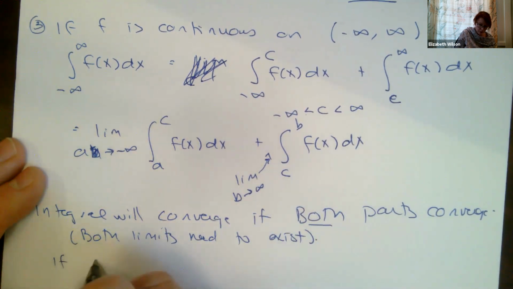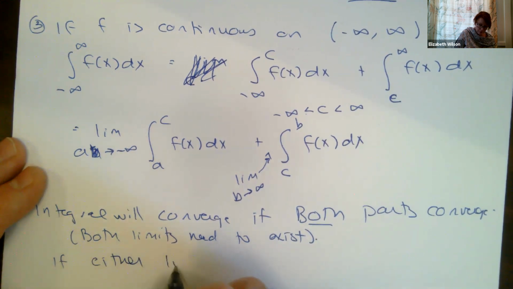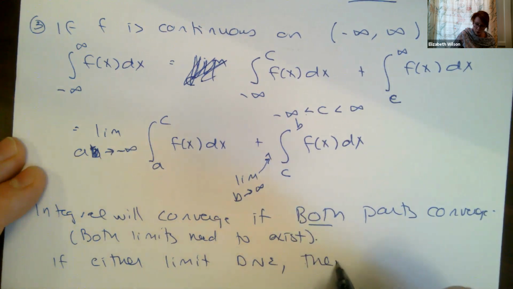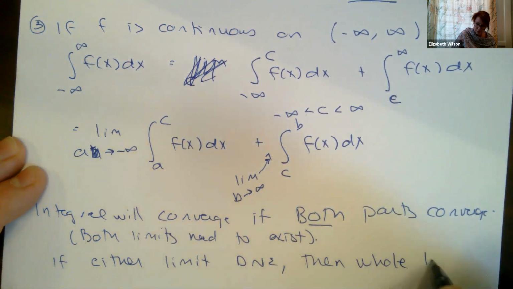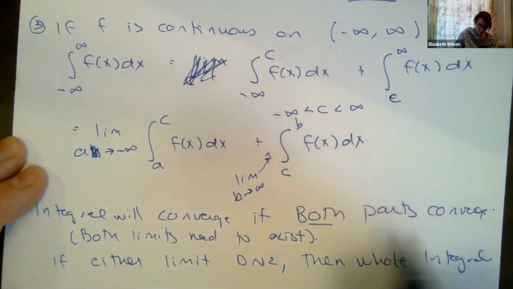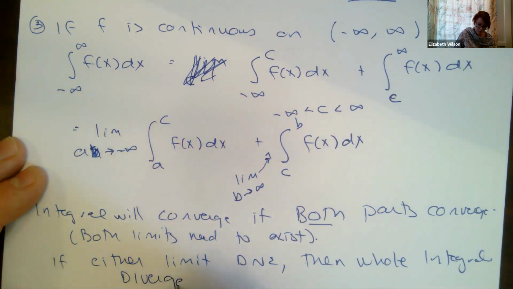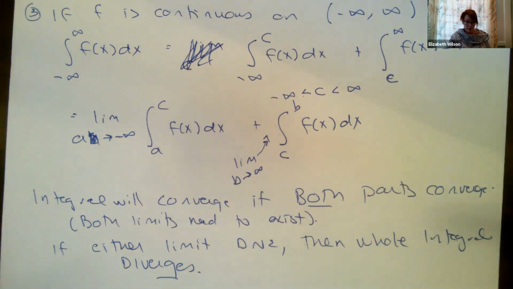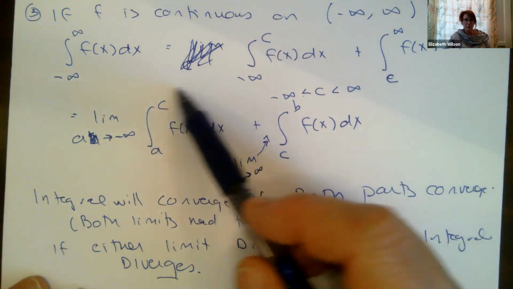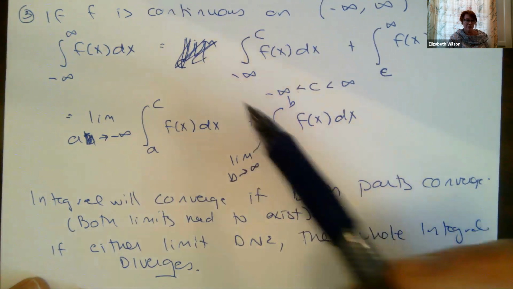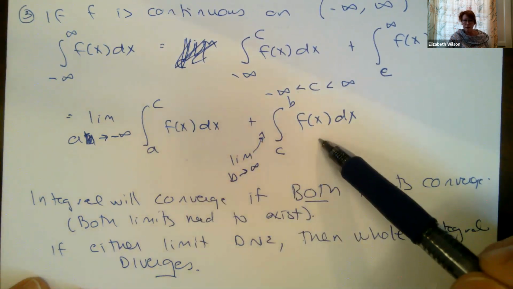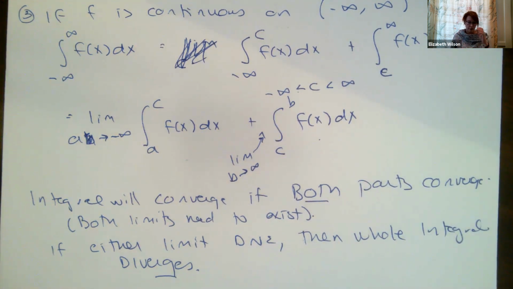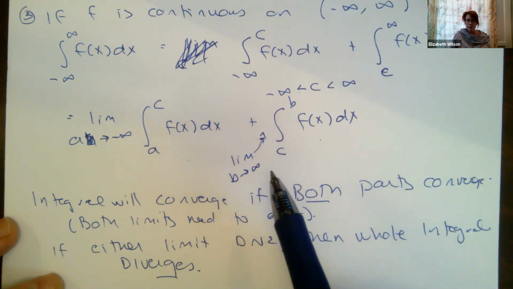If either limit does not exist, then the whole integral diverges. Because I can't have infinity plus 5. If this limit evaluates to infinity, or the limit doesn't exist, infinity plus 5 doesn't equal 5, it equals infinity. So the whole thing is going to bomb out, the whole thing will diverge. So both pieces have to converge.